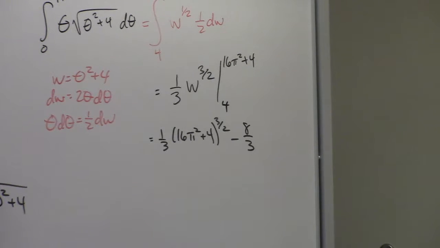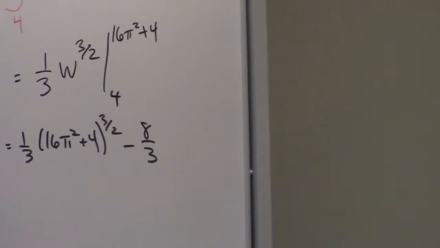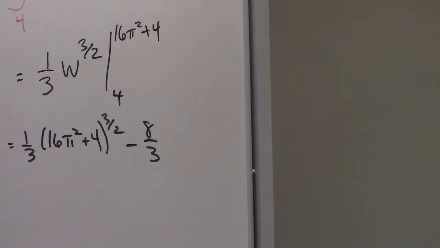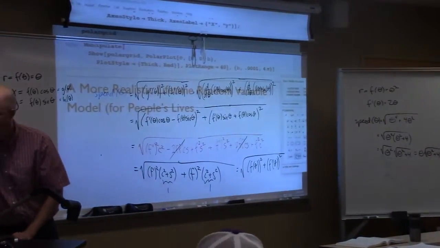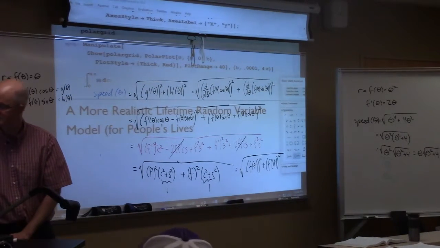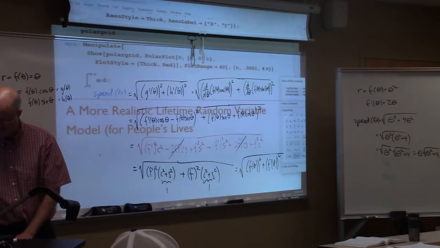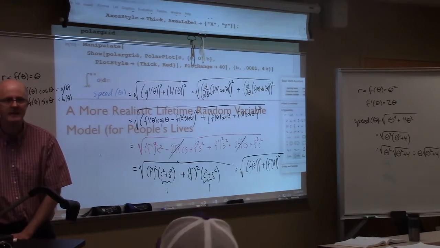Does that look good to people? Do you see any mistakes at all? I haven't created any mistake or something. Let's see what Mathematica gives for this. Integrate 0 to 4 pi. I'll do the original integral. Theta. I can do escape, th, escape to make a theta.